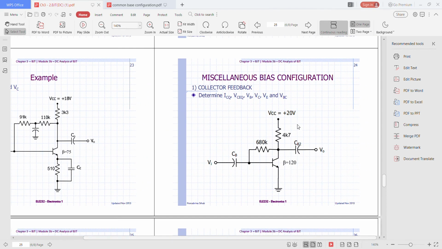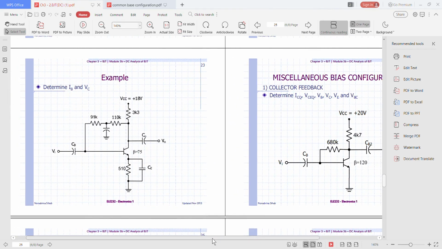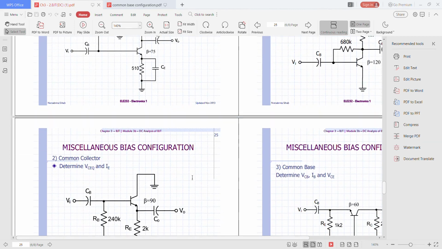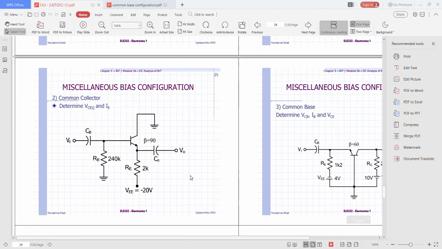So this is the miscellaneous bias configuration. This is the collector feedback. So you can try to determine ICQ, VCEQ, VB, VC, VE, and also VBC. This is the miscellaneous bias configuration for common collector.